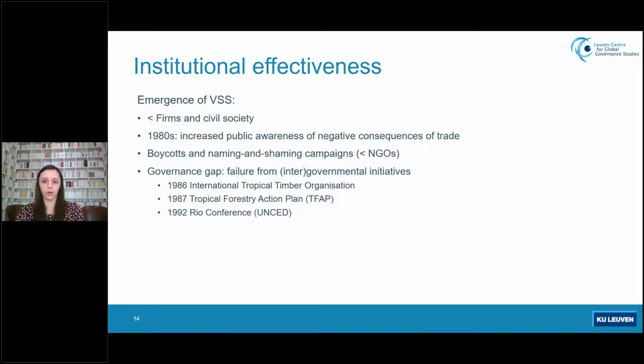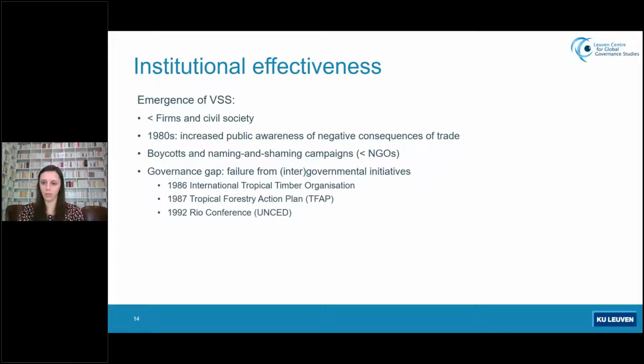And there were huge needs and important calls from the public for more industry regulations. As a response to those calls, states tried to develop policies and regulations to make industries more sustainable. But if you read the literature on that, you will see that those efforts were mainly considered failures.